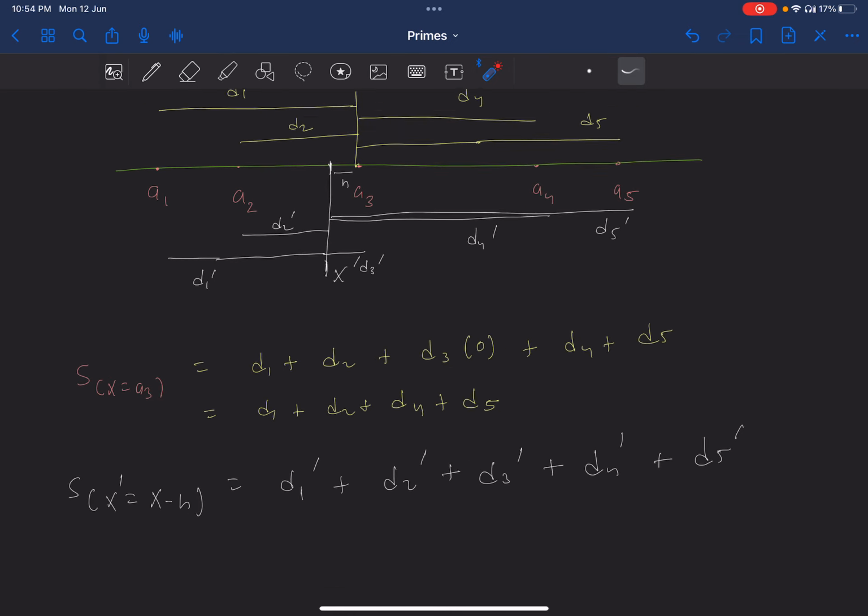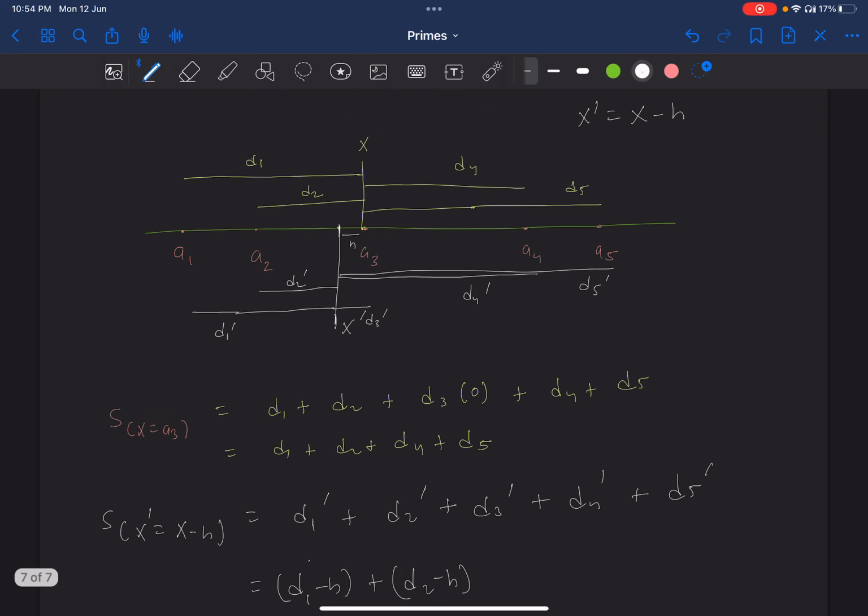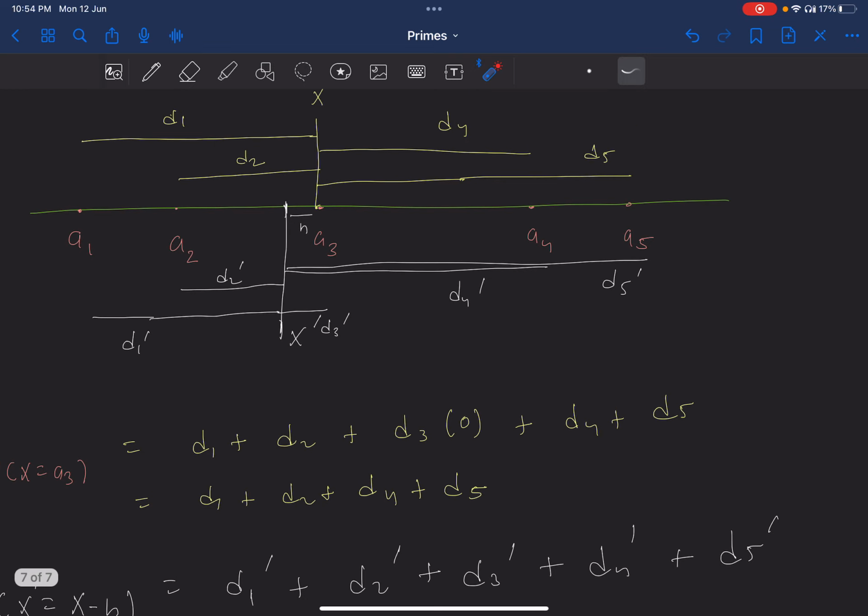Now let's write it down. We can say d1 minus h plus d2 minus h. Now, can we say that d4 dash will be equal to d4 plus h? We can say it, right. And d5 dash will be equal to d5 plus h, right?